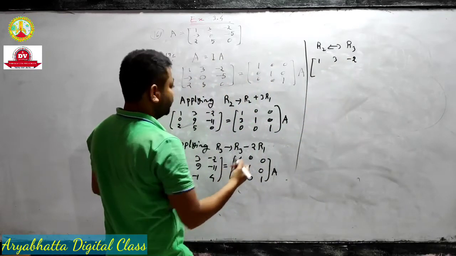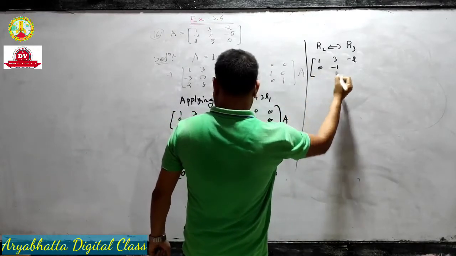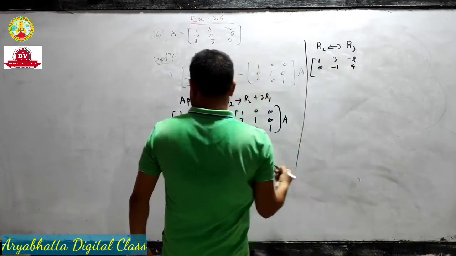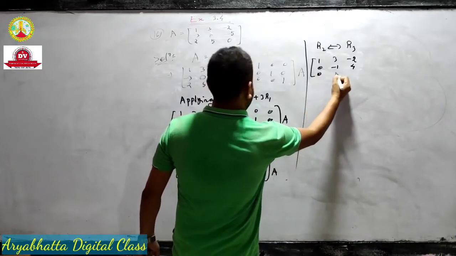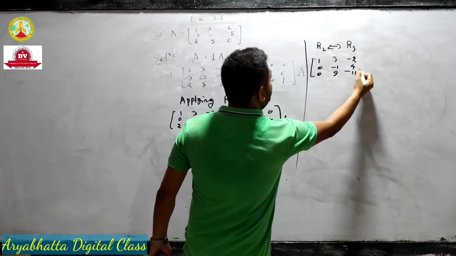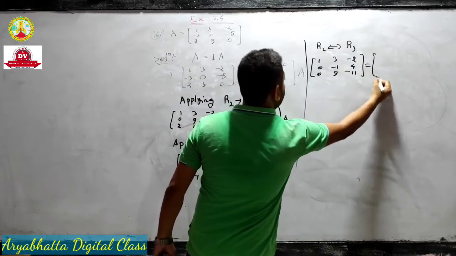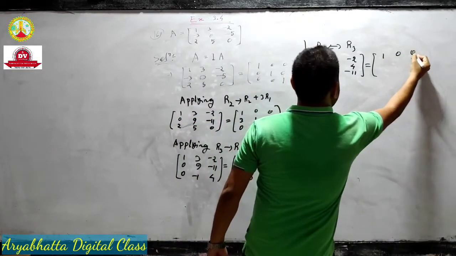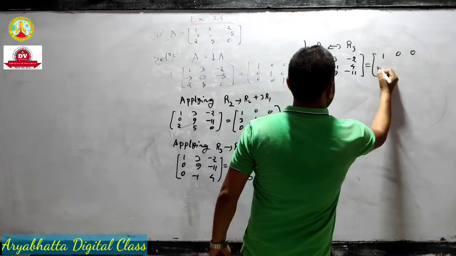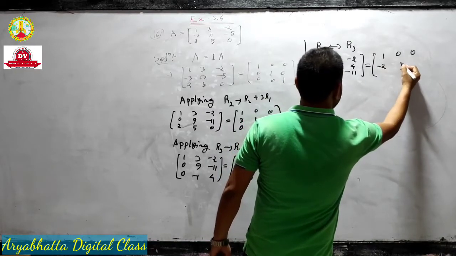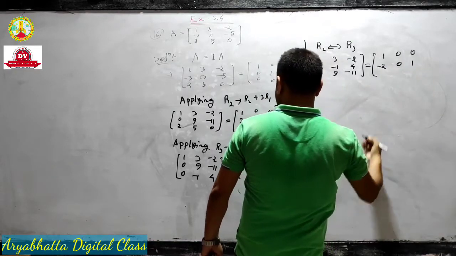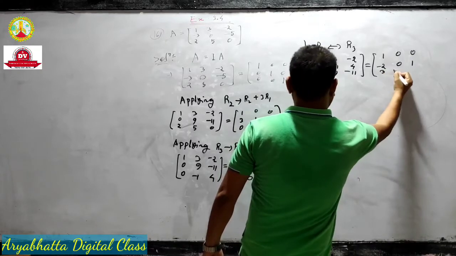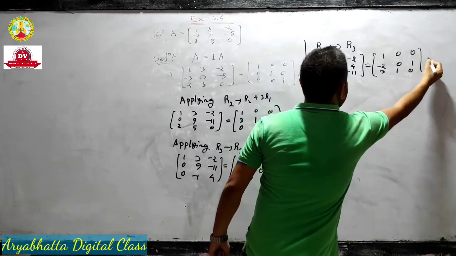Next, 0 minus 1, 4, 0, 9 minus 11 is equal to 1, 0, 0 minus 2, 0, 1, 3, 1 0 into A.